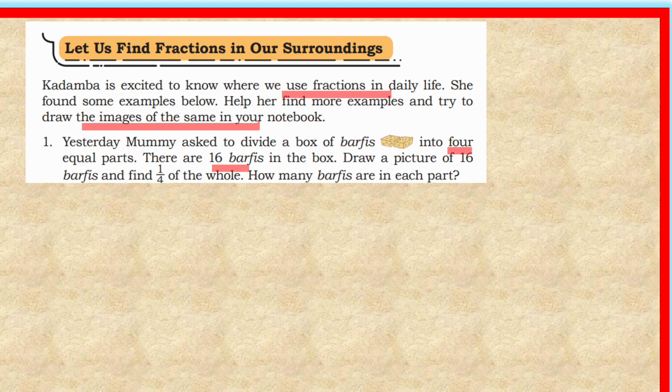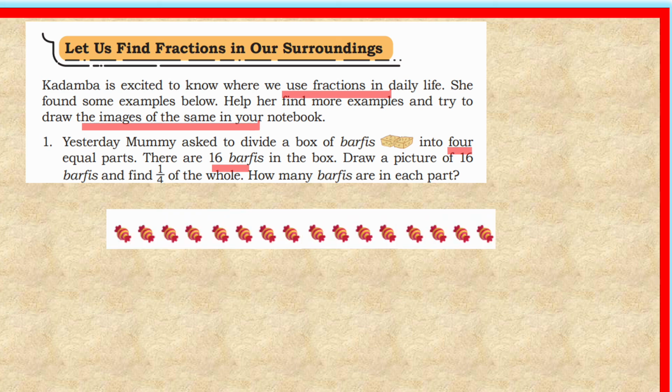So we can draw 16 burfis. See, like this. 16 burfis we can draw. Then find 1/4 of the whole. To find 1/4, we divide them into 4 equal groups. Like this. 1, 2, 3, 4. How many groups? 4 equal parts.